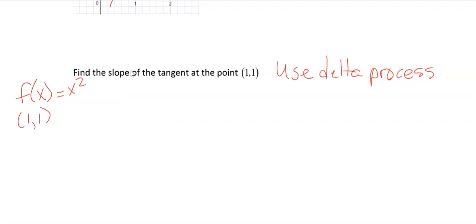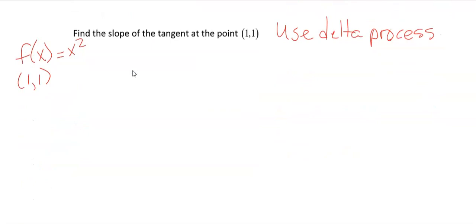So remember what the function is now. Let me just write the function right here. F of x equals x squared, and we want to get it at the point 1, 1. So x is 1 and y is 1. All right. So remember now what your formula is. The slope of the tangent line is equal to, now we're going to use the delta process, the limit as h goes to 0 of f of x plus h.